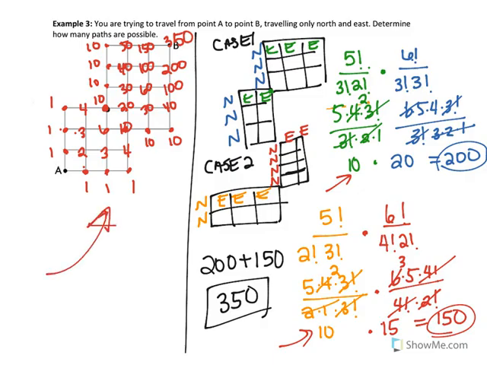So quite obviously, this way is easier. It's a lot less work, but you should understand how to do it mathematically with factorials as well.